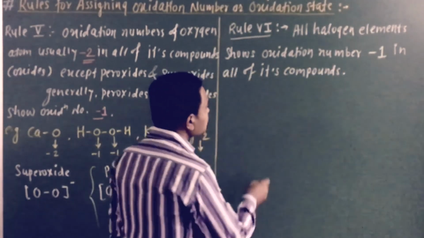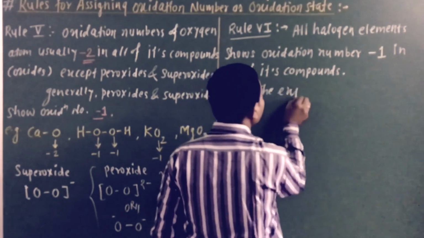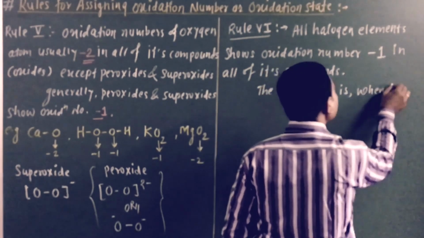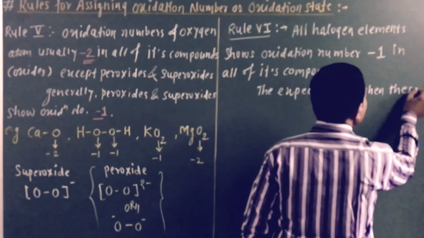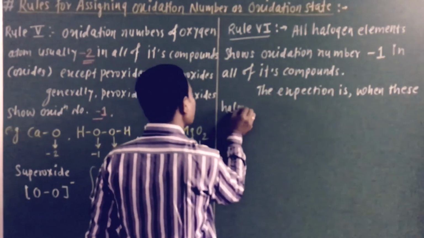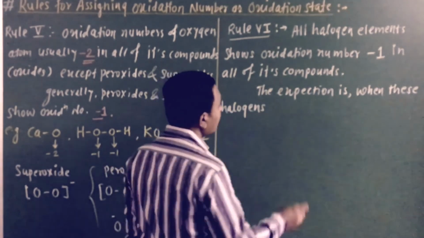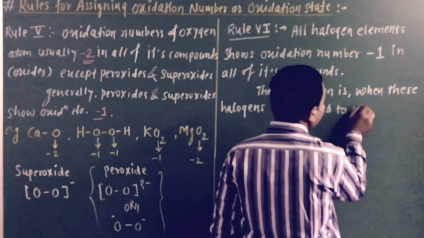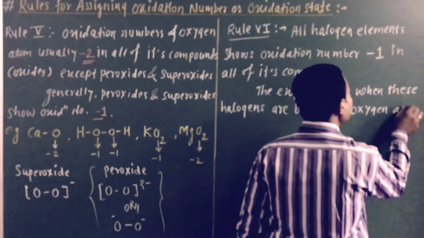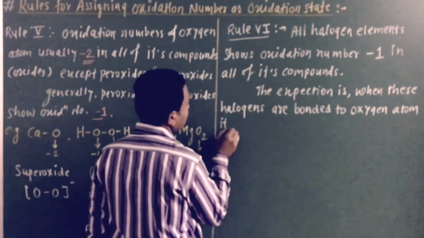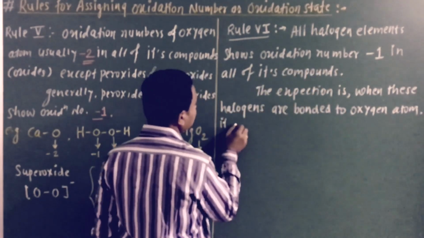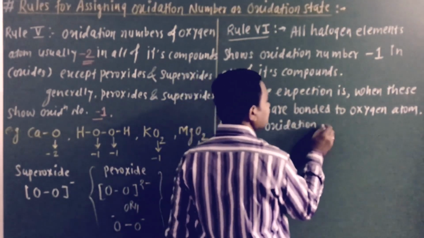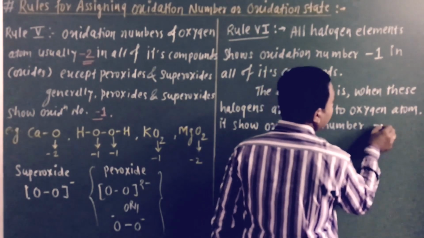Okay, the exception is, this is very important, the exception is when these halogens are bonded to an oxygen atom, it shows oxidation number +1.